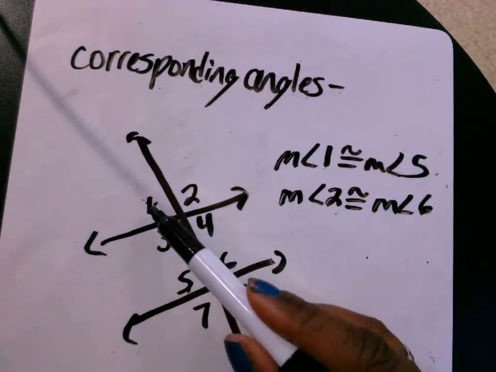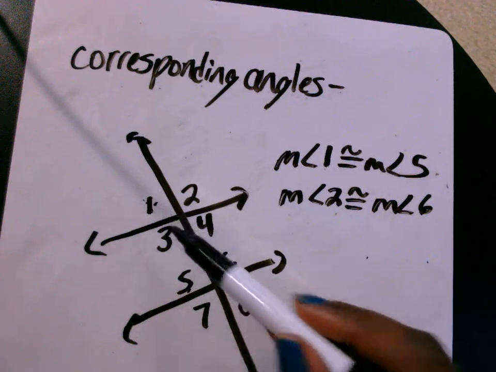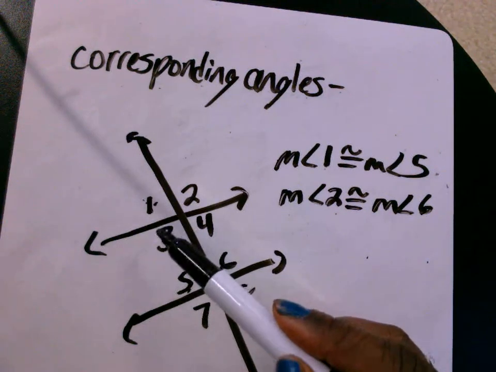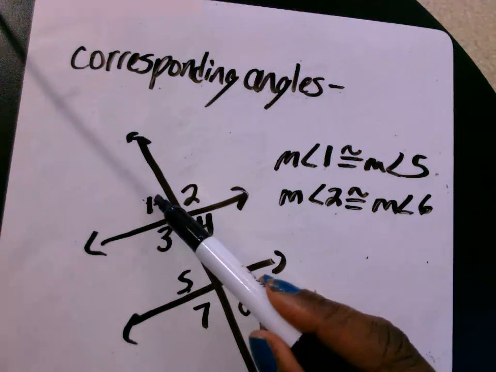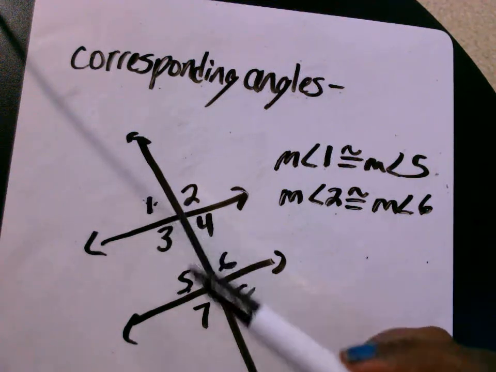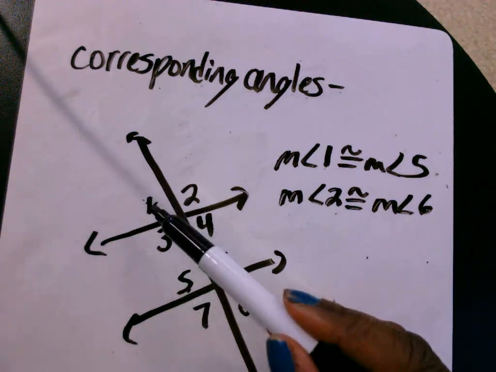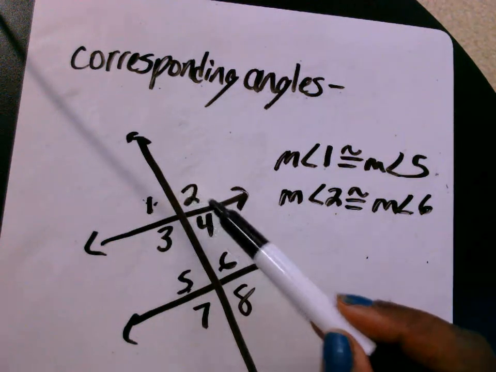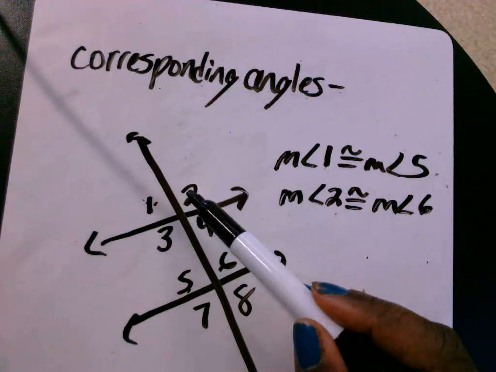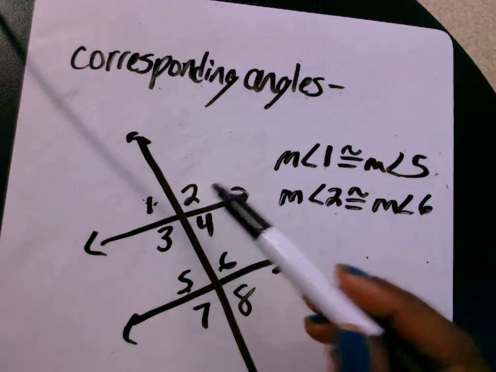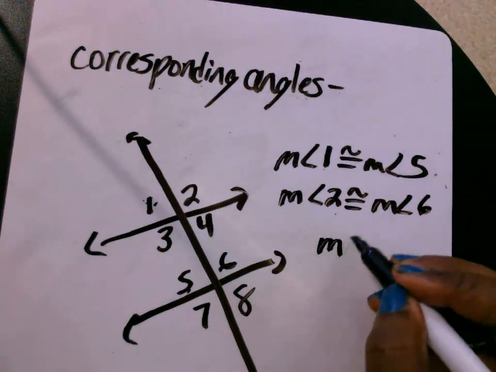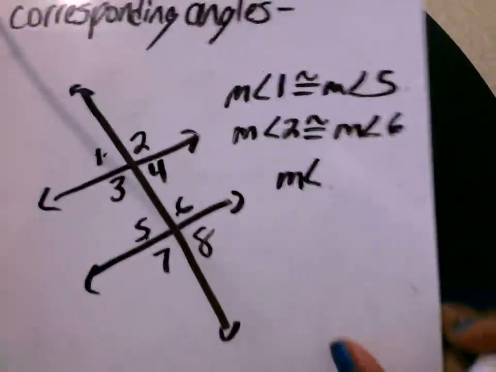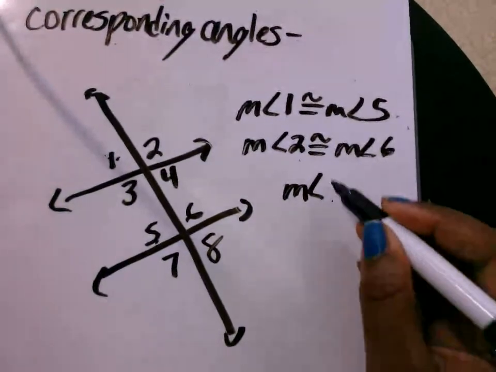Corresponding angles are angles that are in the same position. Okay? They're in the same location. Look, angle 1 and angle 5 are in the top left corner. Angle 2 and angle 6 are in the top right corner. What's another pair?